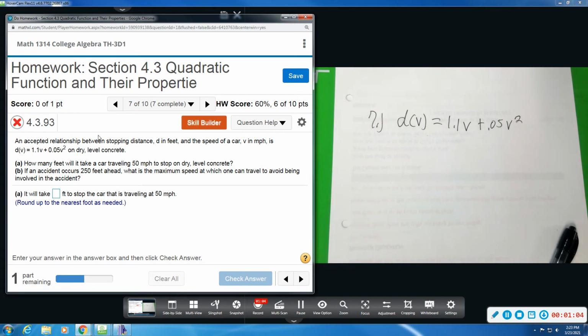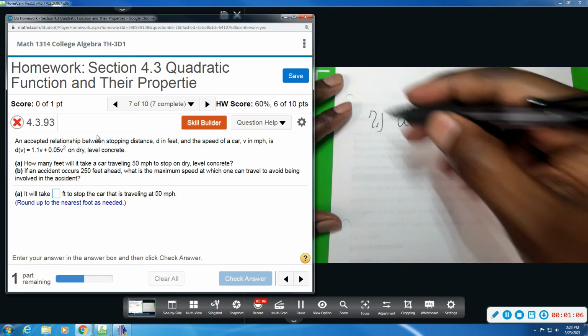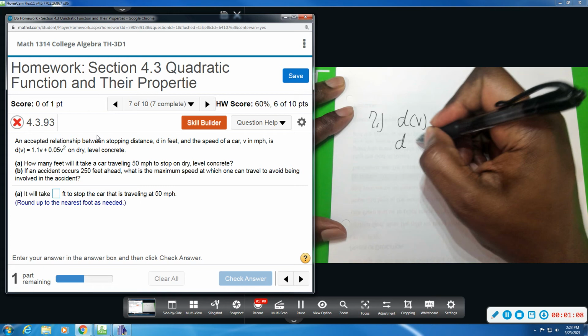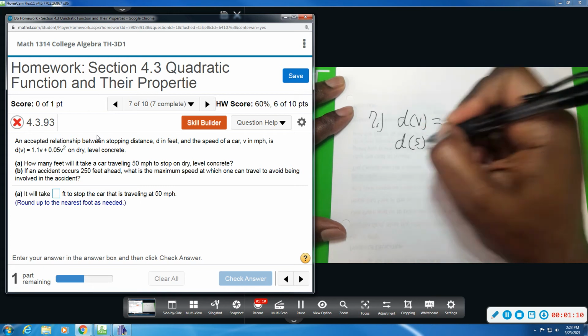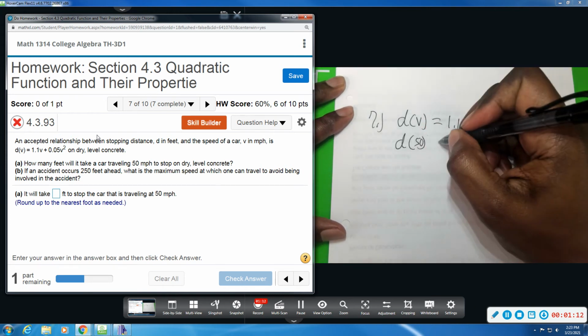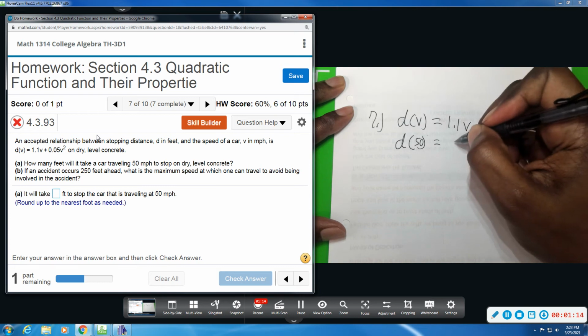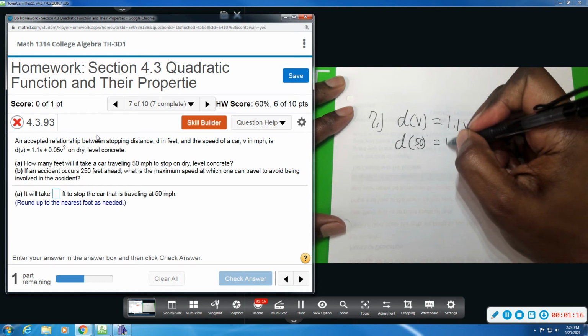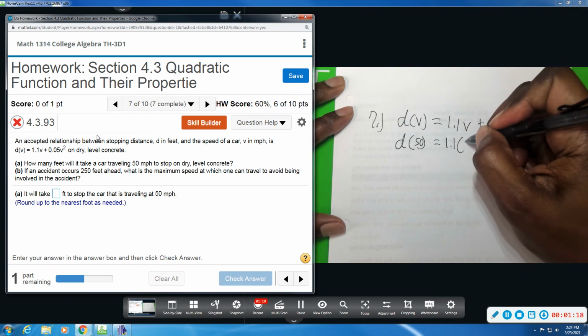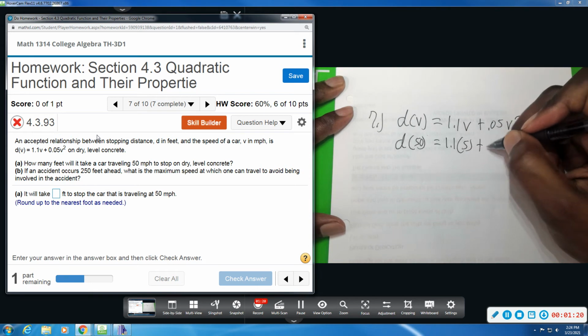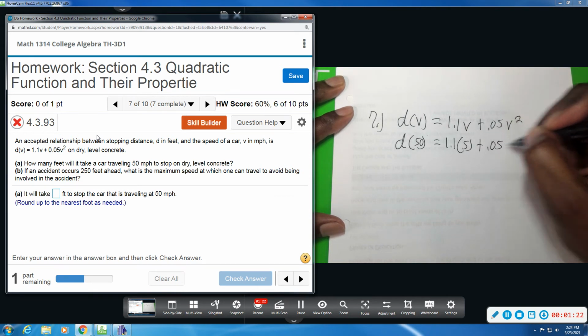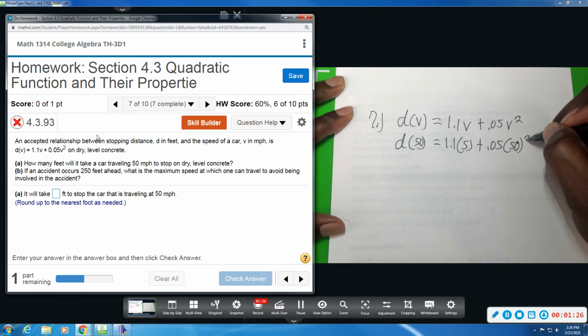And what we're going to do is find d of 50. Plug in 50 miles per hour. So that gives us 1.1 times 50 plus 0.05 times 50 squared.